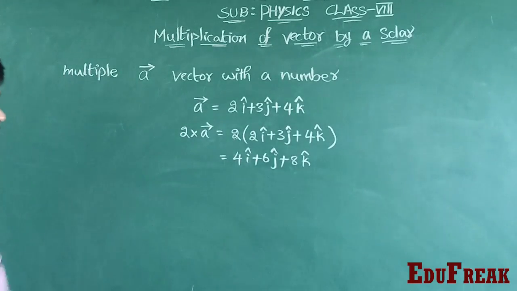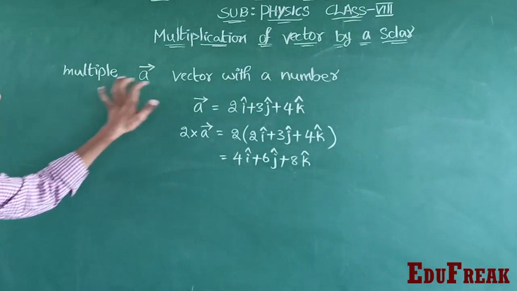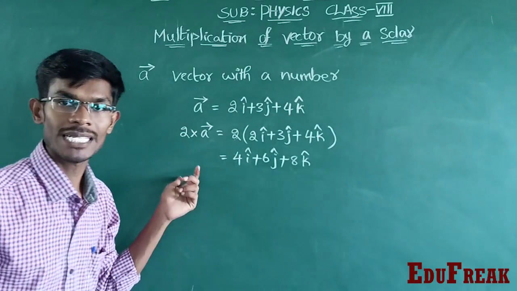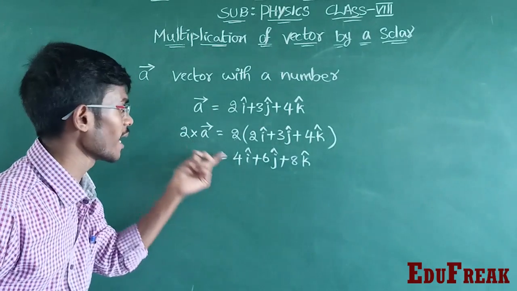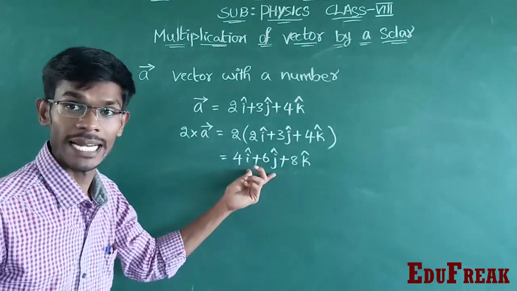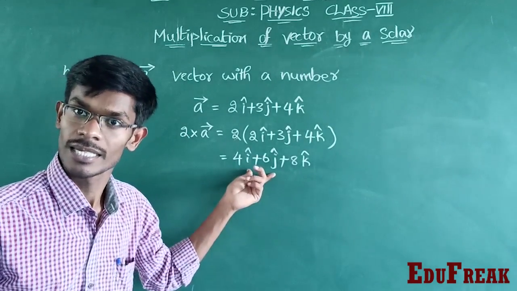Then 2 into 2, 4i cap, plus 2 3s are 6j cap, plus 2 4s are 8k cap. So here if you are multiplying a vector A bar with a positive number, what is happening? What are we getting? Is it a vector or scalar? It is a vector.